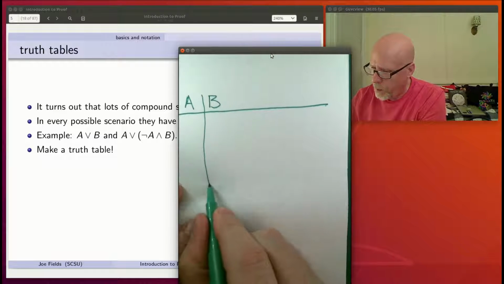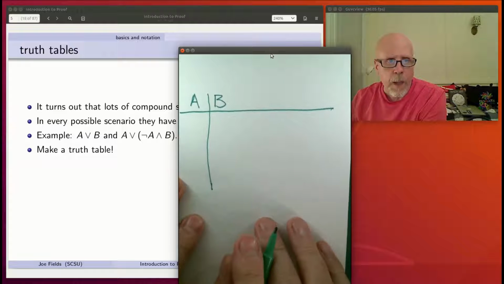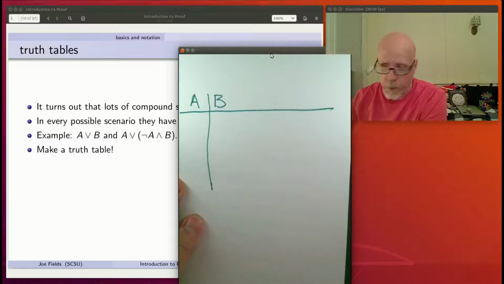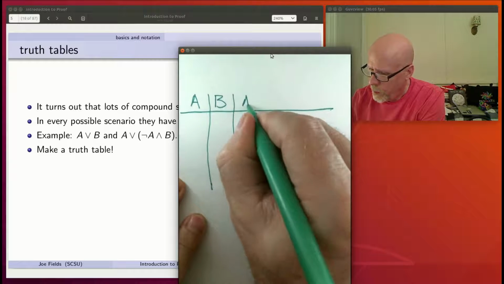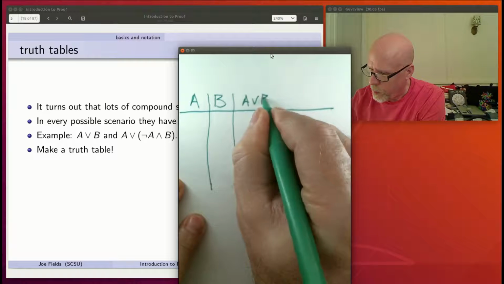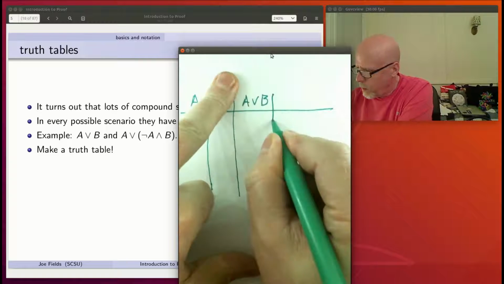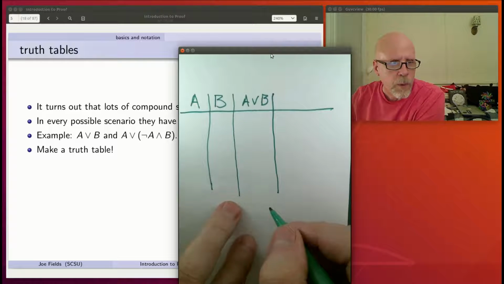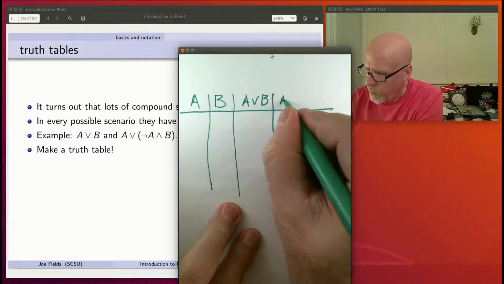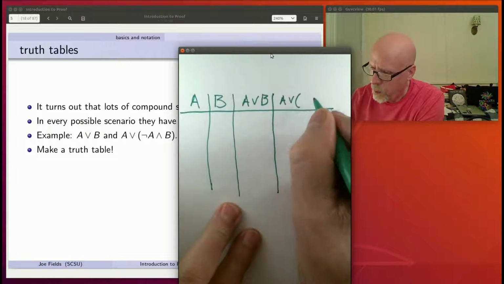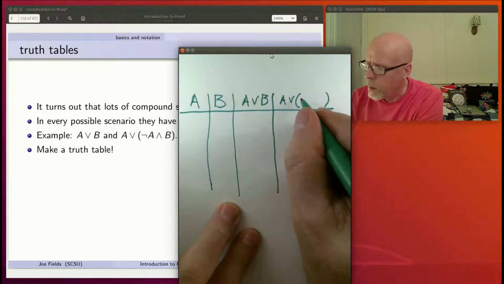And I'm going to have columns for both A or B and the other thing there. So here's the column for A or B. That one's easy. The other column is going to be for A or (not A and B). So it's A first, or, with parentheses around not A and B.